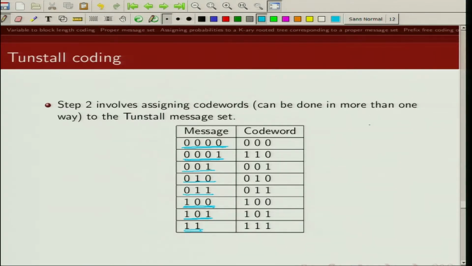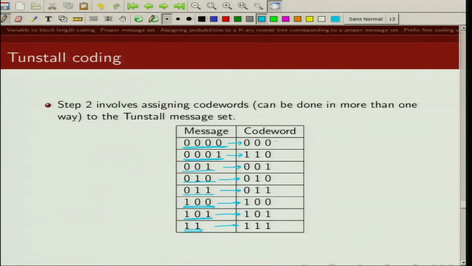Since I am using a binary code word of length 3, I have to assign a fixed length code to each of these messages. I can assign any 3-bit code words.